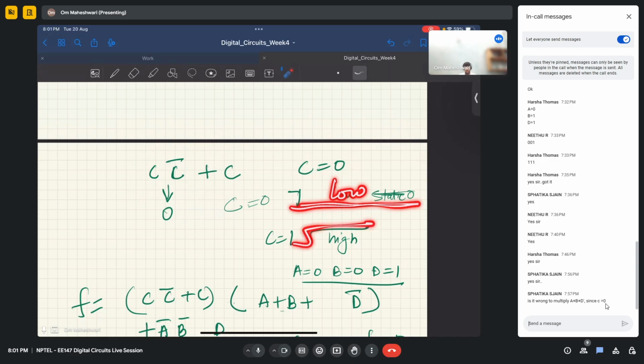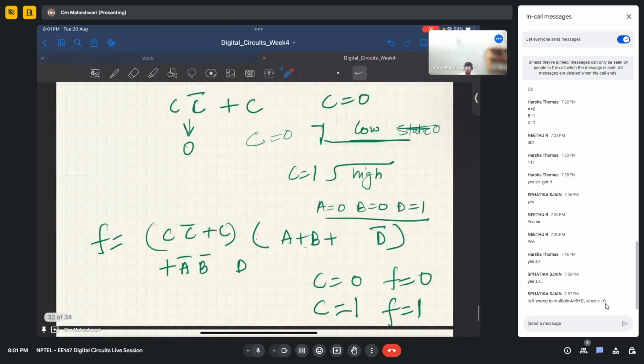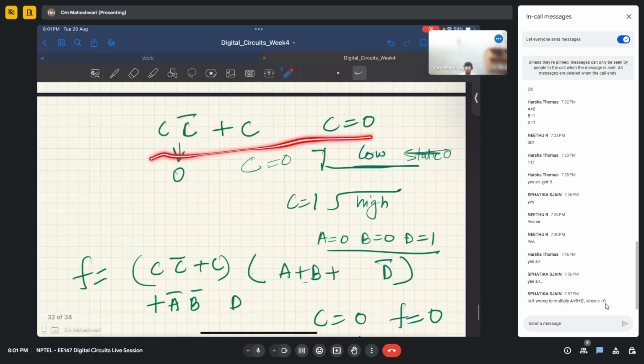When C is high, we should always get high. So we need to add some conditions so that we either do SOP or POS to ensure this happens. When C equals 0, it remains 0, and when C equals 1, it remains 1.